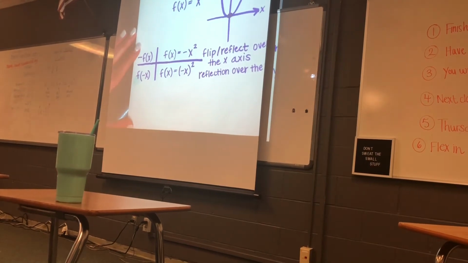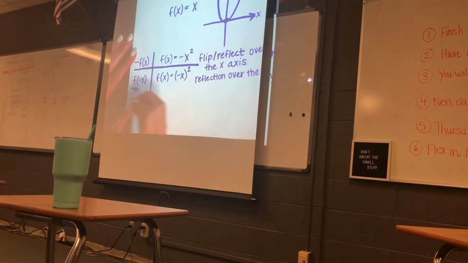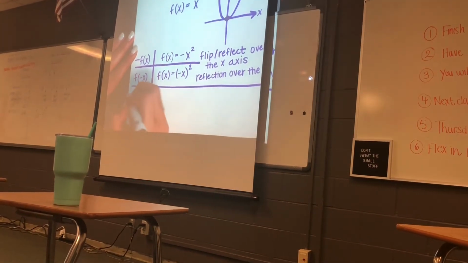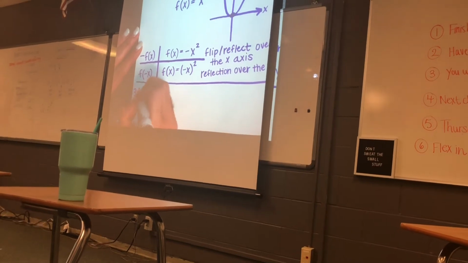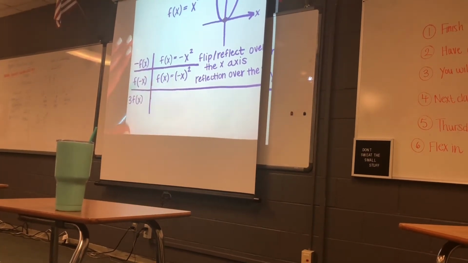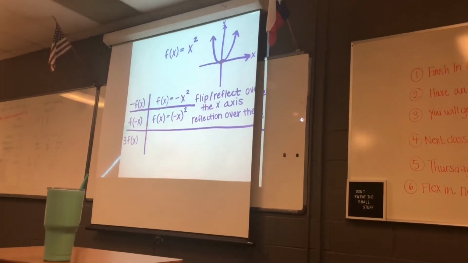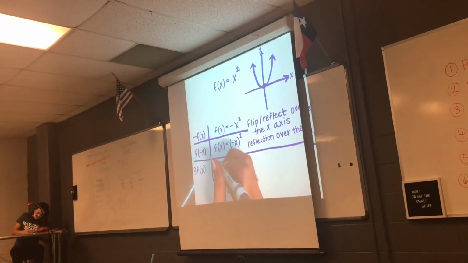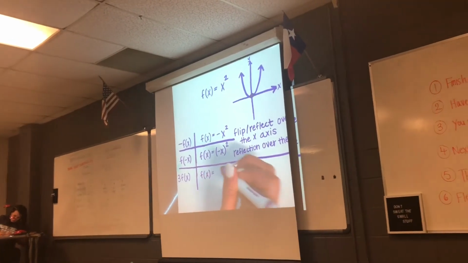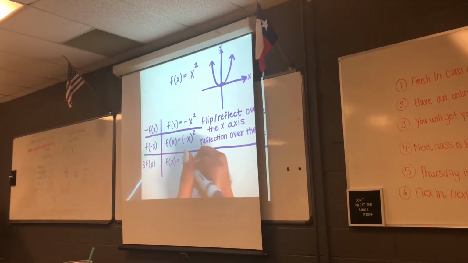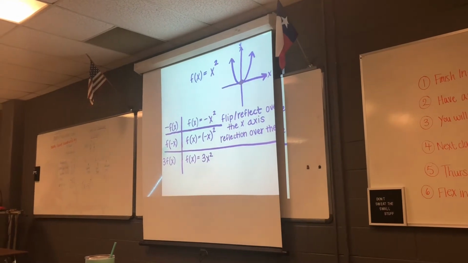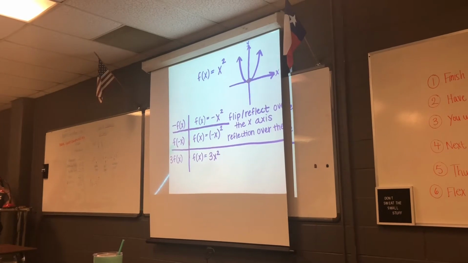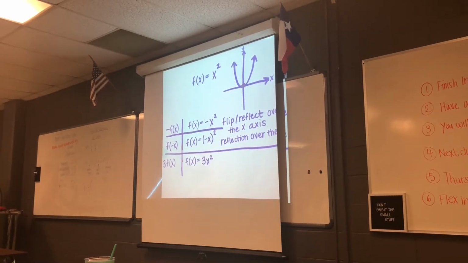Another type of transformation they can do is put a number in the front, like 3f of x. Written with this particular function, that would look like 3x squared. What does that do to the graph when you're multiplying by a bigger number in the front?